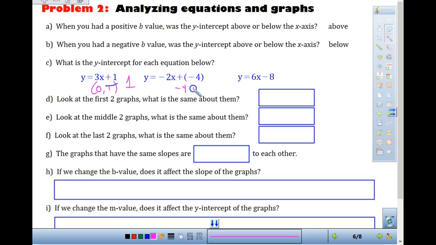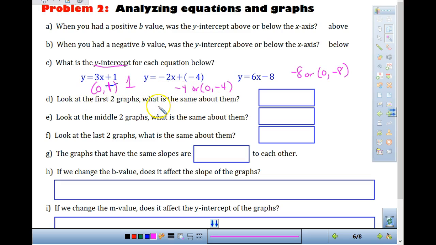Negative 4. Or I could write it as an ordered pair 0, negative 4. Okay. As I am looking, Rajad, that last one should be, say it one more time, negative 8, or I would write it as 0, negative 8. Please write it both ways for me when I'm asking you for the y-intercept. Put it first as an ordered pair, and a number, or a number and an ordered pair.